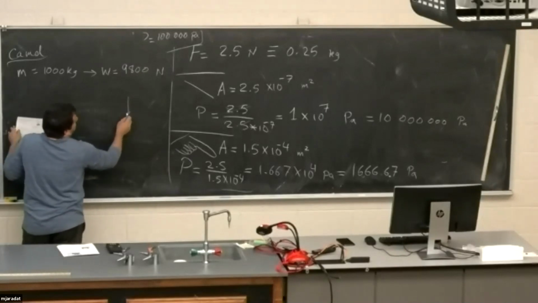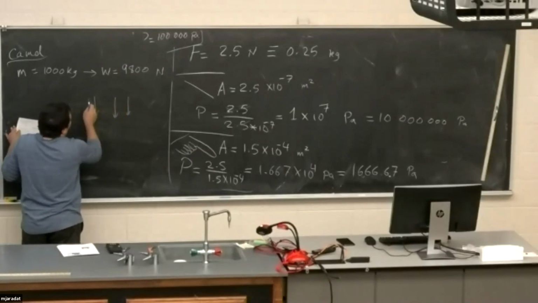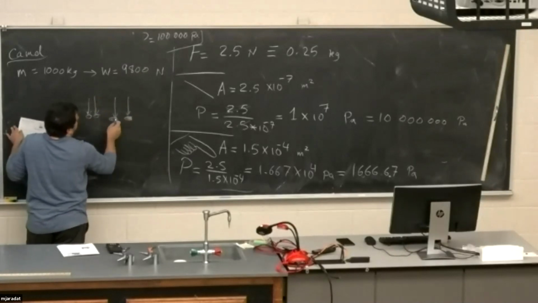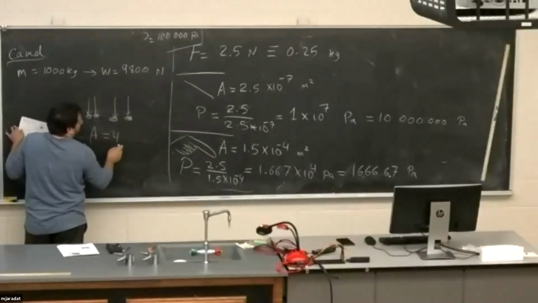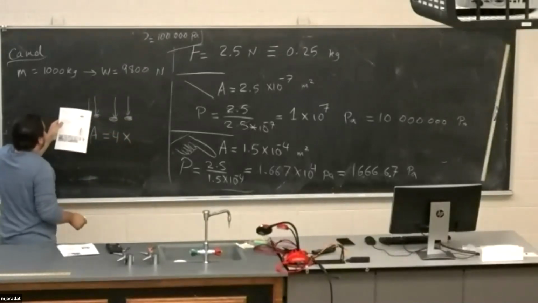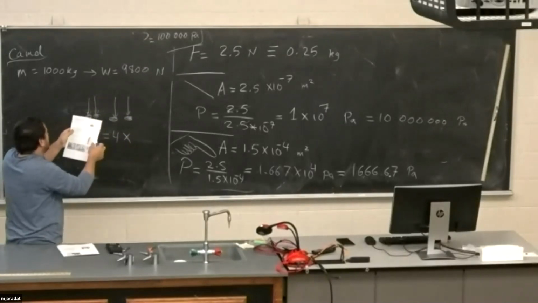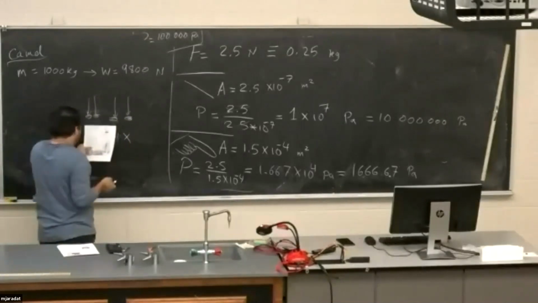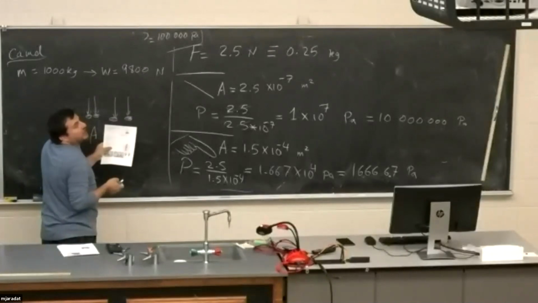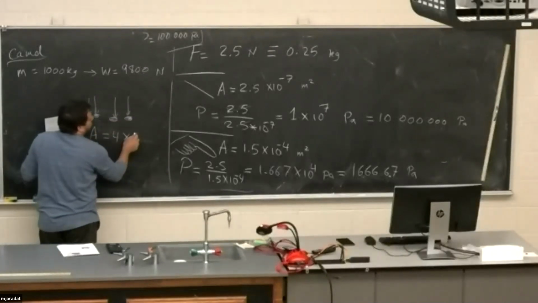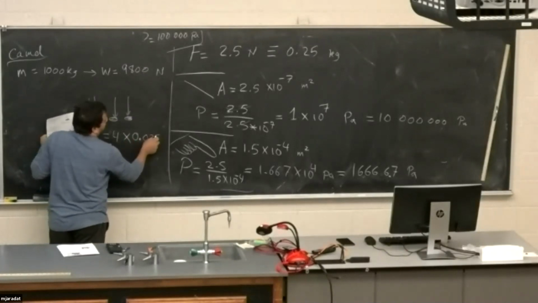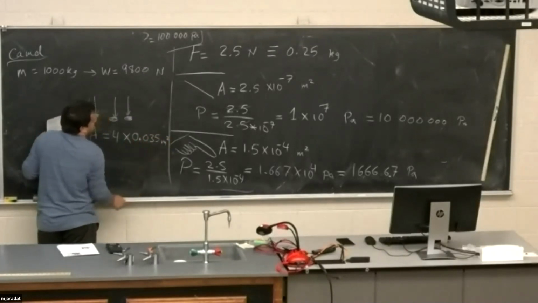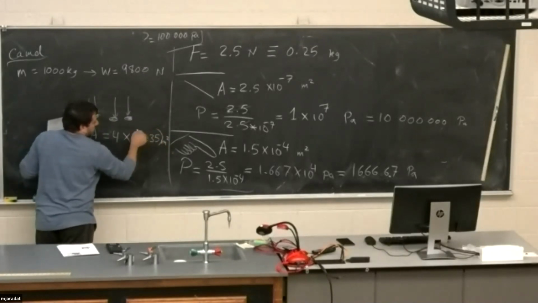This weight is focused on 4 foot areas. So the area is equal to 4 multiplied by the area of just one of them, which is 350 centimeters squared. I will convert it to meters squared. It will be 0.35 meter square. This is the area.